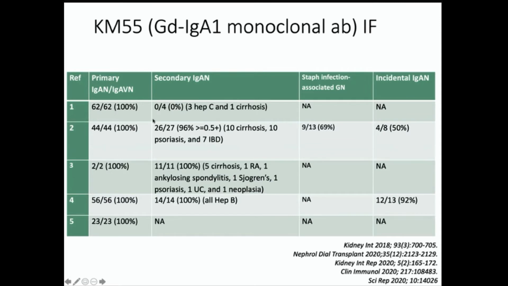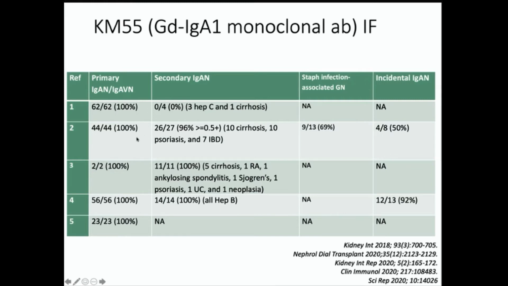This is the original paper from KI 2018. They tested 62 primary IgA and HSP nephritis cases. These are all kidney biopsies. 100% are positive. For the secondary forms of IgA nephropathy, infection-associated GN or other, even incidental IgA nephropathy, their findings are all negative.